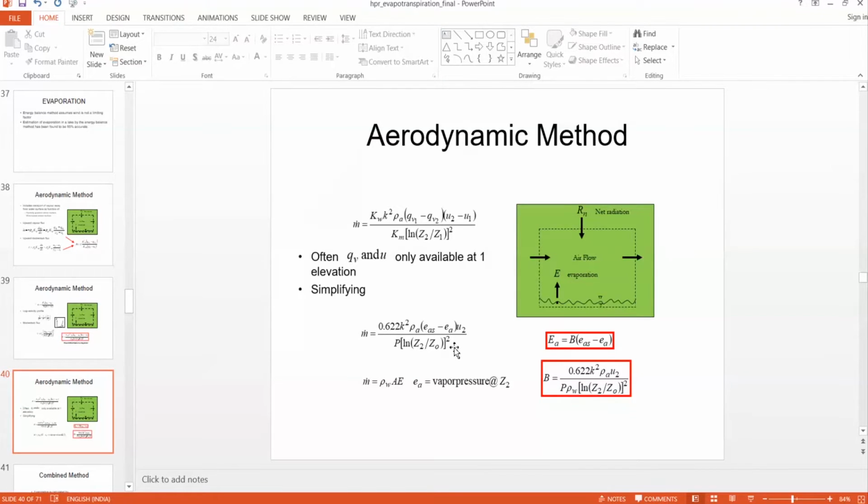Finally we can write this equation in a simplified form, that is E is equal to B into saturated vapor pressure minus vapor pressure of atmosphere, where B is given by 0.62 k square rho a u2 divided by P rho w, and square of log z2 by z0.